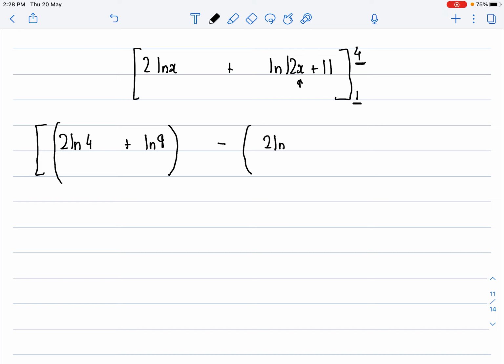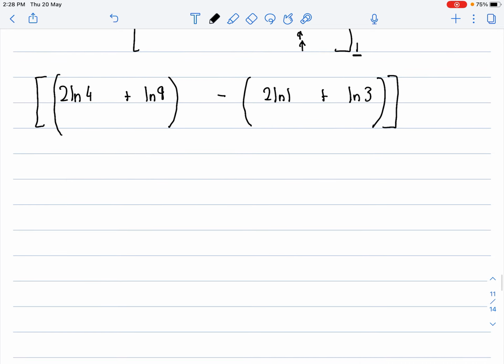So I get 2 ln 1 plus ln, when I put 1 here in the place of x, I get 2 into 1, 2, and then 2 plus 1 is 3. So this is what I get. Now I need to know one important log property here, which suggests that b log a is equal to log a raised to b.